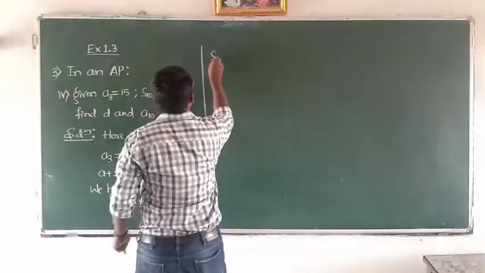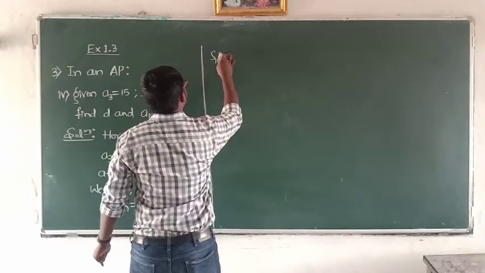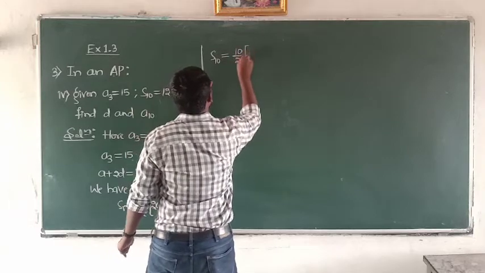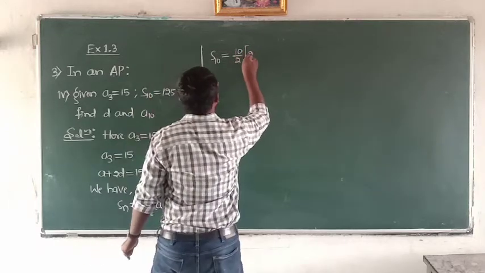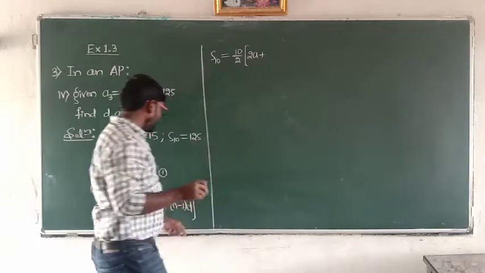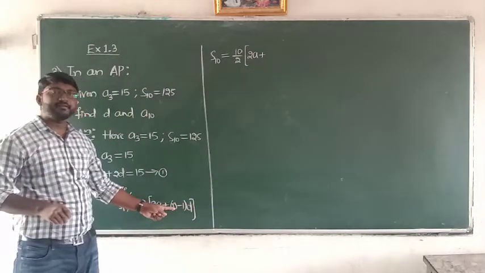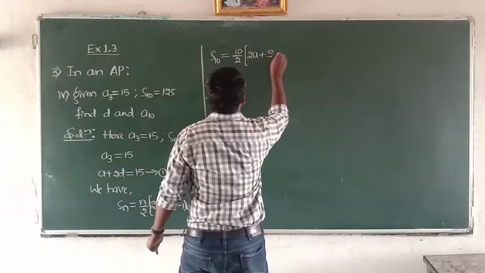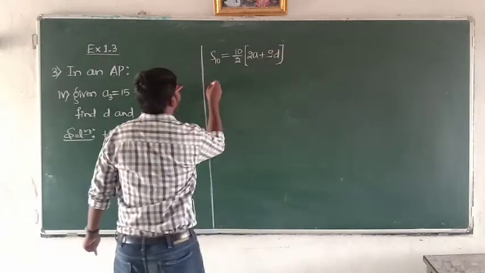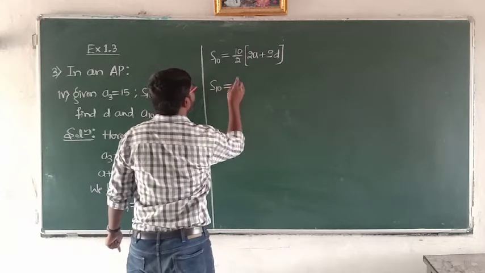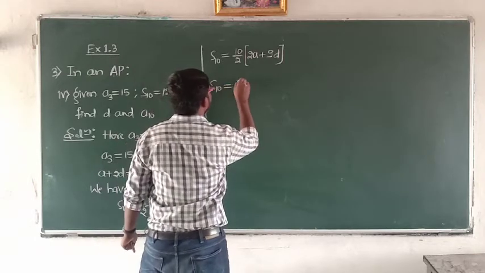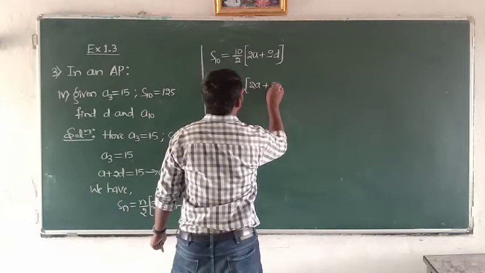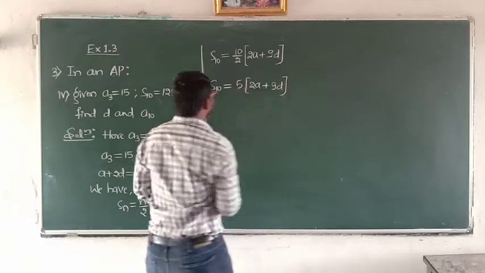So S10 is equal to 10 by 2 into 2a plus n minus 1 into d. The n value is 10, 10 minus 1 is 9, so we get 9d here. Then S10 is equal to 10 by 2, which is 5, into the bracket 2a plus 9d.